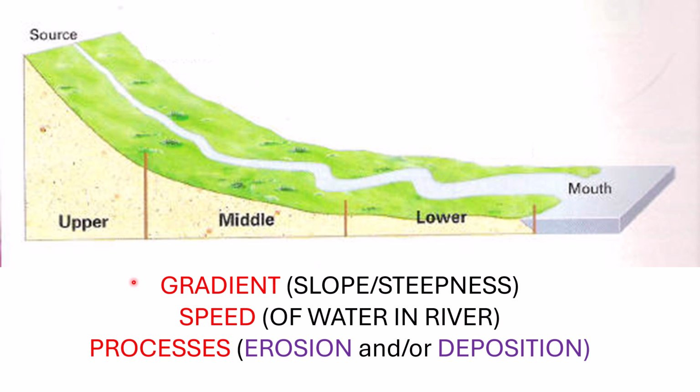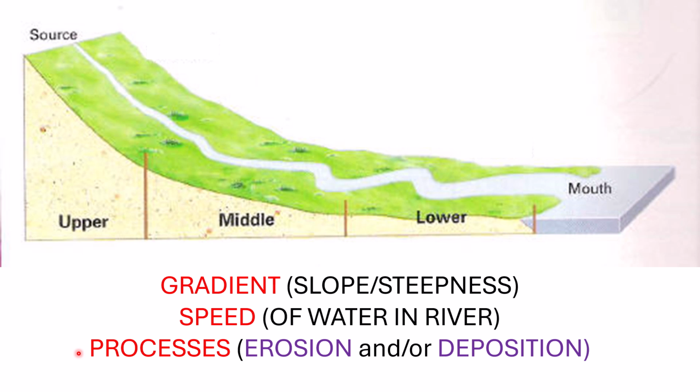Of equal importance is that the steepness or gradient of the land has an important influence on the speed at which the water in that river flows, and additionally the speed of the water determines the fluvial process or processes that occur in the various parts of the river.